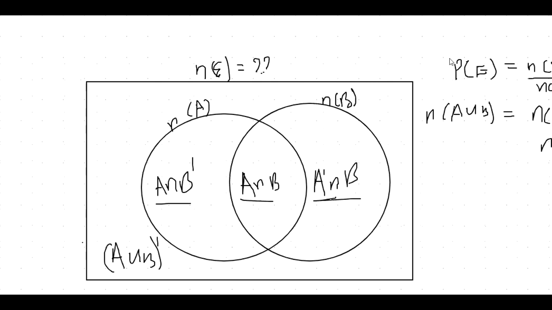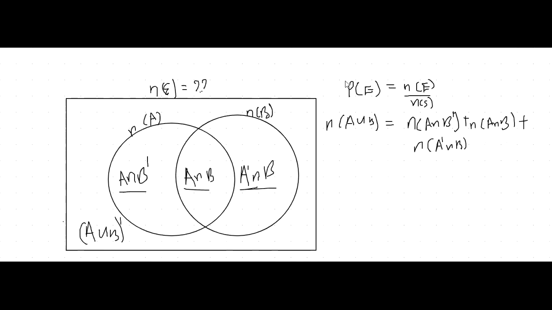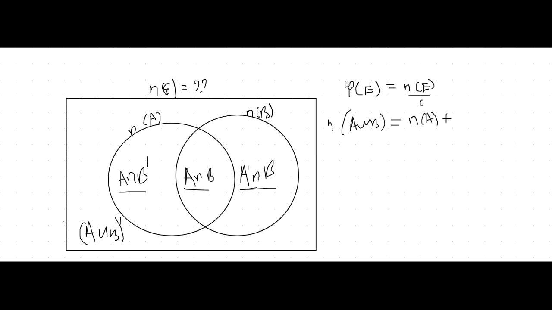To make our work easier and to build the formulas that we are interested in, we are going to say the number of A union B is equal to the number of A plus the number of B. Then after doing that, we are going to, just a moment.